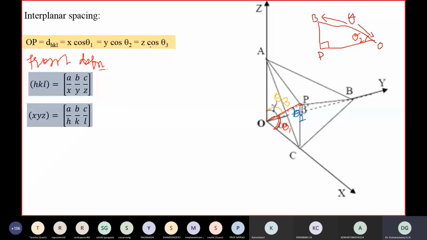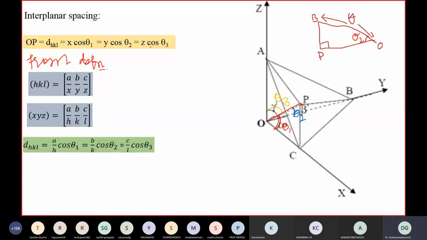Then XYZ is equal to A by H, B by K, C by L. Then we replace this XYZ with A by H, B by K, C by L.